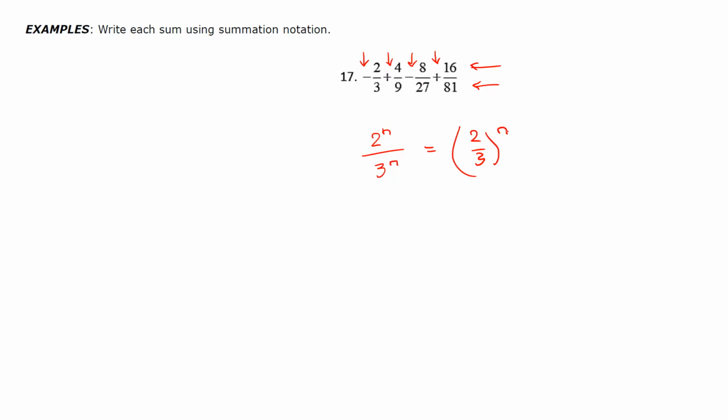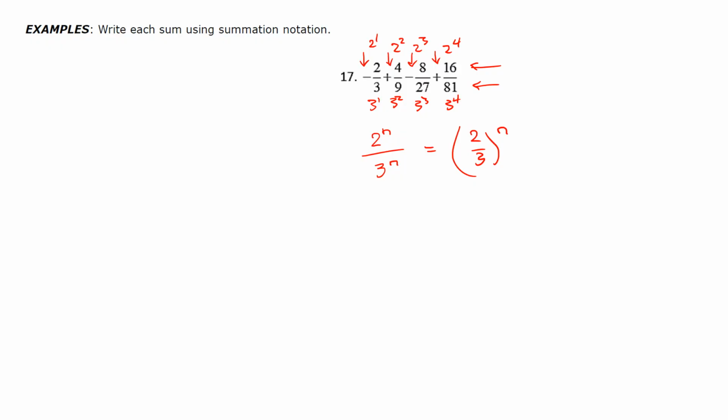Because 2 is 2 to the first power, 3 is 3 to the first power, and then 4 is 2 squared, 2 to the third, and 2 to the fourth, and similarly in the denominator as well. So this would be the expression to represent the fraction. Now I just have to figure out the signs.